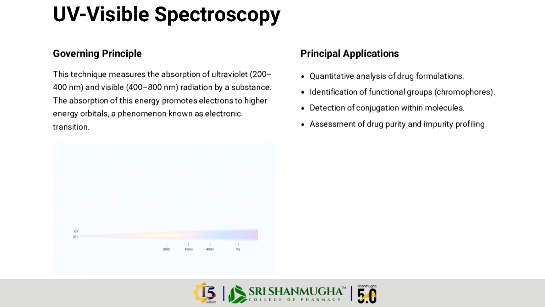Key applications: quantitative estimation of drugs in formulations, identification of chromophores and functional groups, detection of conjugation in molecules, bathochromic or hypsochromic shift, purity assessment and impurity profiling. UV spectroscopy is widely used in standardization of herbal drugs containing conjugated systems like flavonoids, alkaloids, and anthraquinones.